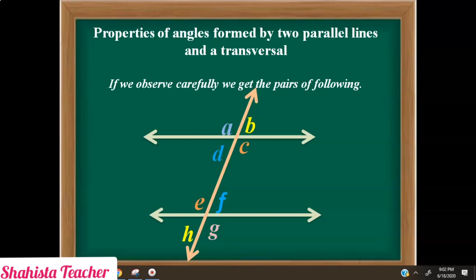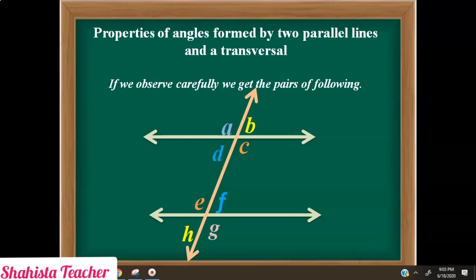If we observe properly, see this blue color: angle D is congruent with angle F, and angle C is congruent with angle E. This is the part of the internal side of this figure, so we can say these are interior angles. That means interior alternate angles.